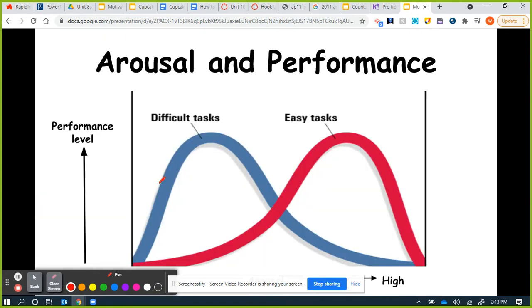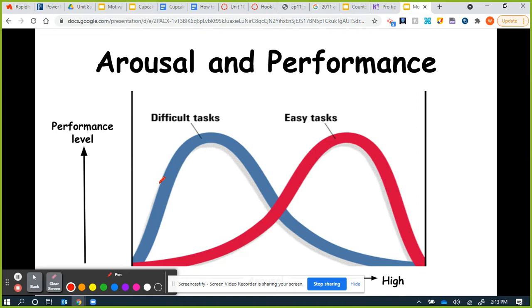For instance, all right, what they have also found is that when something is easy or you are good at it, we prefer our level of arousal to be higher.